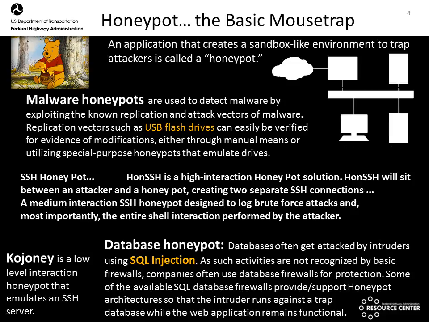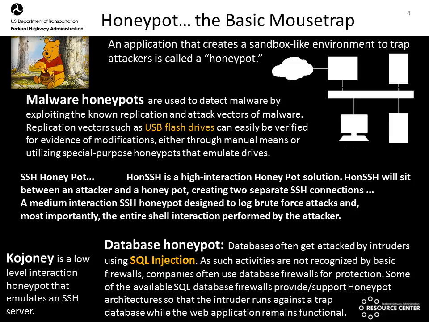Replication vectors such as USB flash drives can easily be verified for evidence of modification, either through manual means or utilizing special purpose honeypots that emulate drives. A secure shell protocol, SSH, honeypot is a highly interactive honeypot solution.